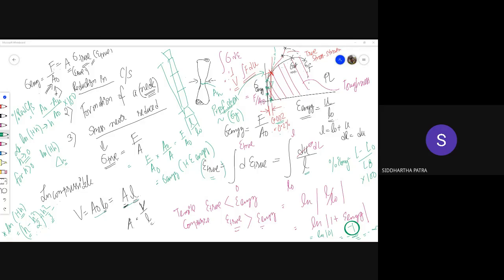So let's say after being cast and then cold rolled or something, whether stress induced or temperature induced phase transformation has happened or not, that is important.